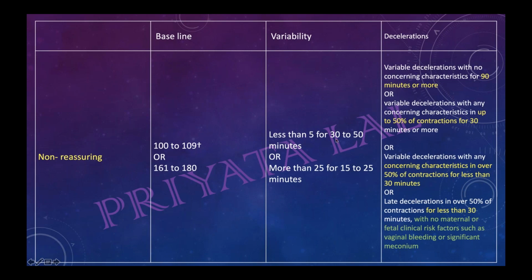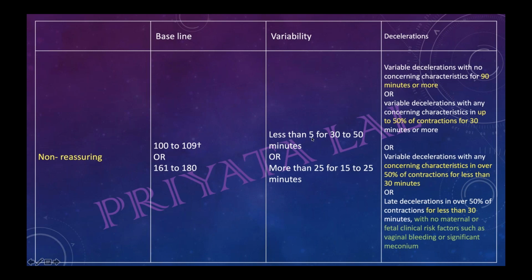Variability, if it is less than 5 for 30 to 50 minutes, then only it is an NR feature. And if it is more than 25 for 15 to 25 minutes, then it is an NR feature. But I have never seen in any exam traces with high variability. Always they will give traces with less variability.